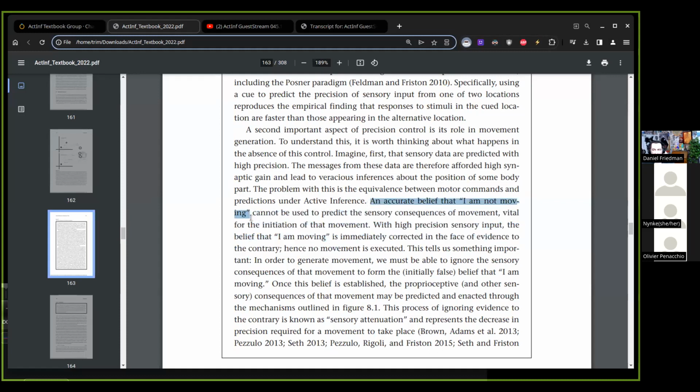If one is sitting down in a chair, the accurate belief to have is that I am sitting down. How, without invoking goals or explicit predictions about future time points, do we go from having an accurate belief I am sitting down to having an accurate belief that I am standing up?